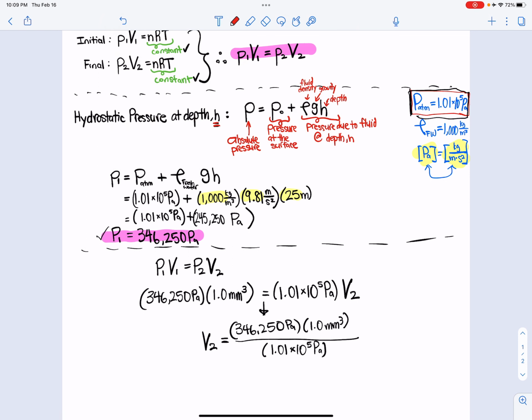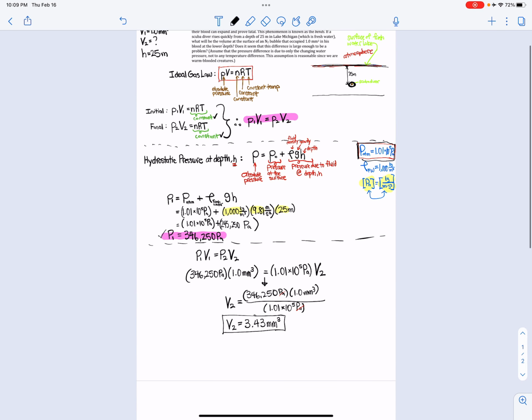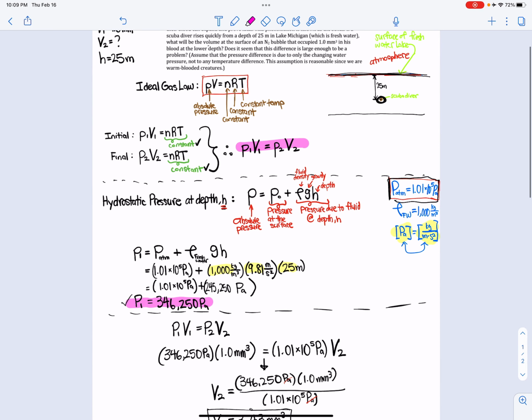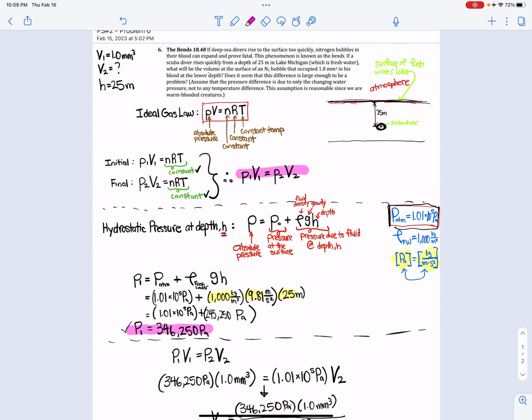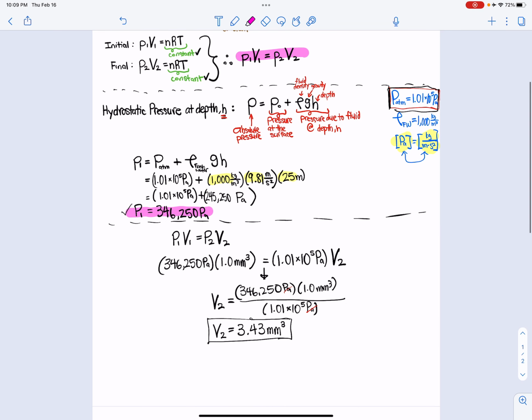Our units would cancel out, Pascal and Pascal, and we would be left with the final volume equal to 3.43 cubic millimeters. Okay, and that would be our final answer, which is, I believe that's what they were asking for, right? Yeah, the volume at the surface. Yep. So the volume at the surface would be this guy.